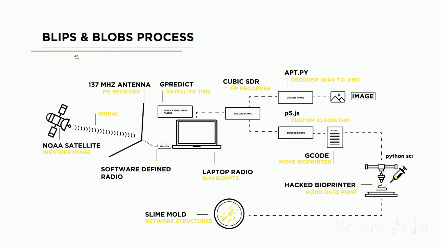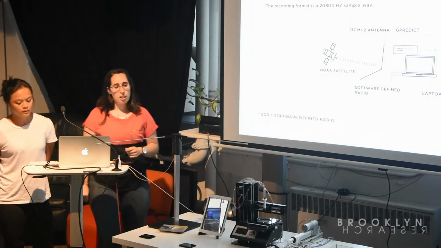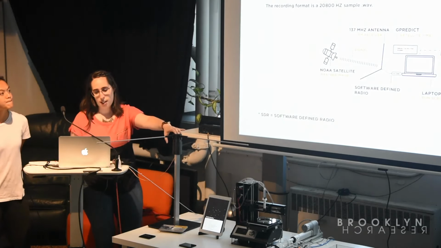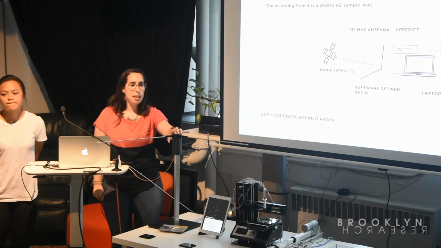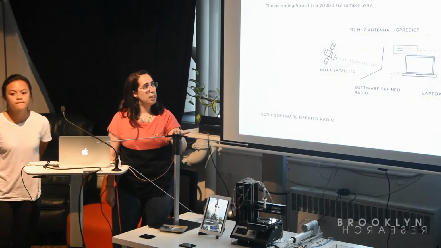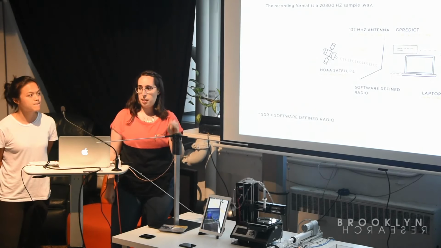Will make sense as we go more in detail into every point. So for starters, I want to talk about this antenna. This antenna was made specifically for 137 megahertz. This is the frequency that the weather satellites emit. So this is suitable to get those signals that we were trying to gather.